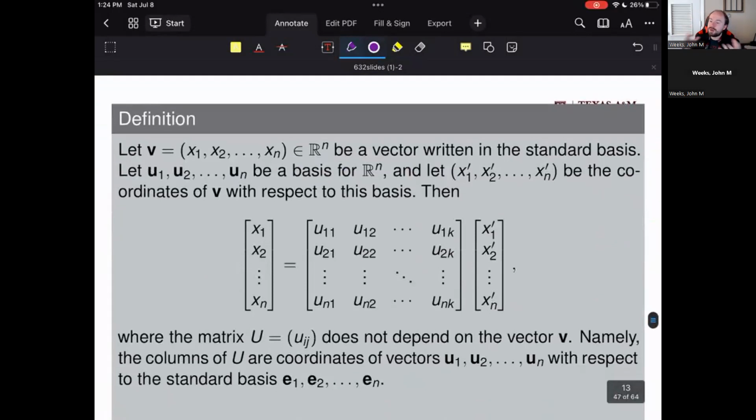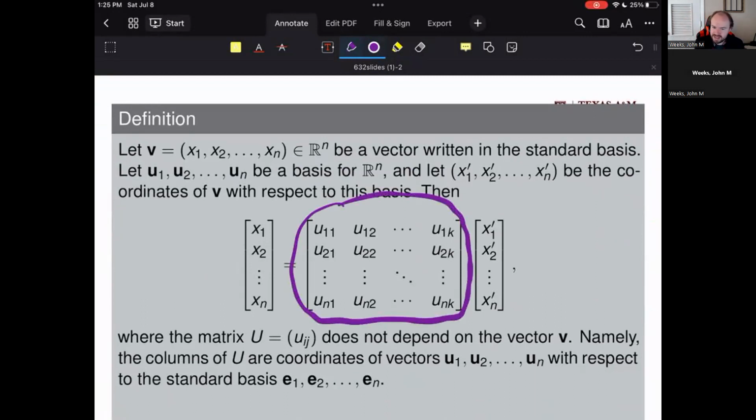Then we can form a coordinate matrix for this system of equations that forms whenever you try to write one vector in terms of the other with respect to these two bases. If you do that, here is your coordinate matrix. Remember, the way you form this matrix is that you take the columns of U to be the coordinates of vectors U1 through Un with respect to how they're written in the standard basis.